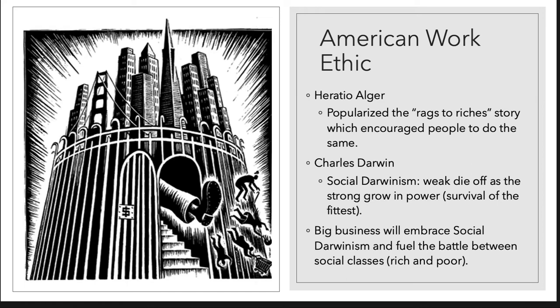Big businesses embrace this idea of social Darwinism and they use it to fuel the battle between social classes, the rich and the poor, saying everybody can be rich if they just work hard enough, and the poor have to help themselves.